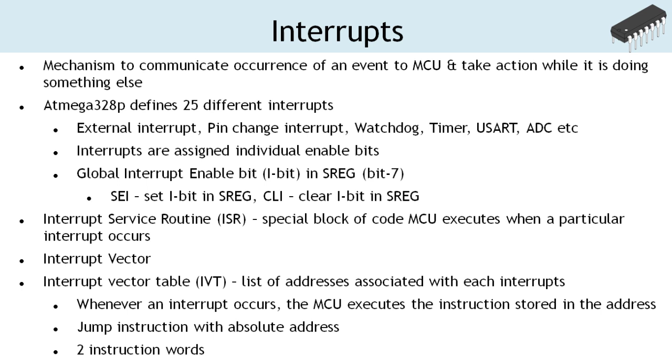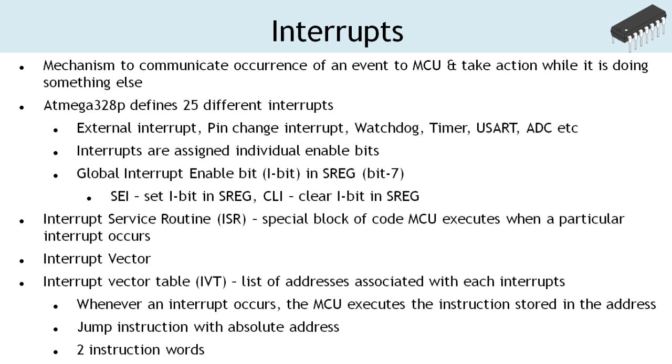The microcontroller defines an address location where the program execution jumps when an interrupt occurs. This is called interrupt vector and it is uniquely defined for each interrupt. The collection of all the interrupt vectors is called interrupt vector table and usually placed at the lowest program memory.